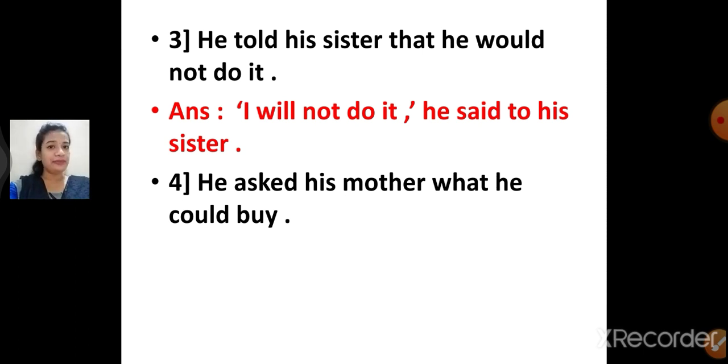Now the fourth one. He asked his mother what he could buy. So what are the spoken words? You have to find out. For that, you have to read the question properly.